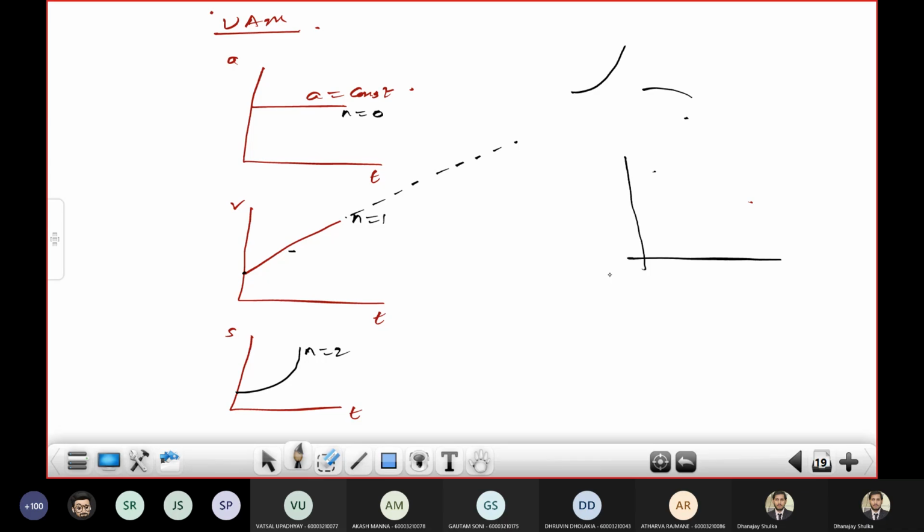Similarly, अगर suppose ये क्या होता था आपका, one thing you have to note here, just a moment. These points you have to keep in mind while drawing the curves, okay?